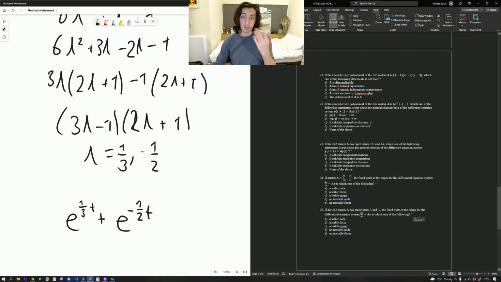This is because it isn't complex, so we wouldn't be using cosine or sine in any of this. This means it's also not none of the above, well, we don't know that yet. The magnitude of y(t) tends to infinity as t tends to infinity. This is not necessarily true, as you can see here.